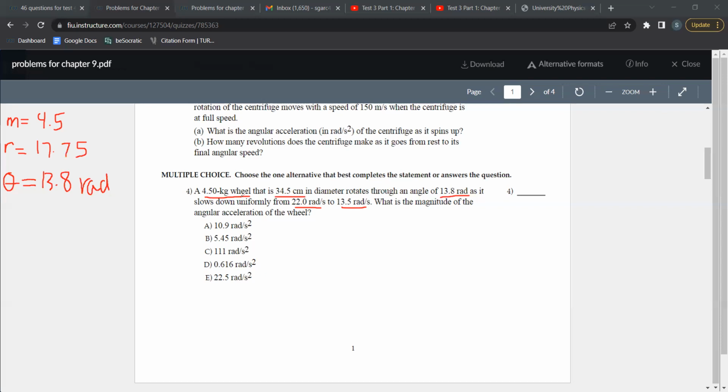All right, so how do we solve this problem? We're going to use a permutation of the equation for displacement that we have, but since it's angular, it'll look a bit different. I'll get a different color.